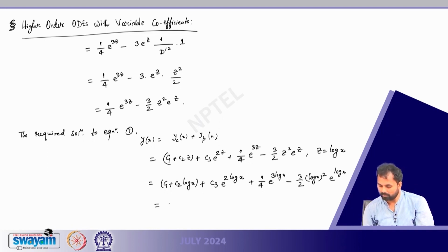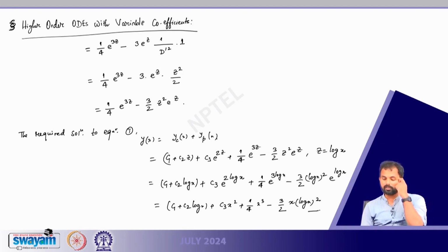So this will give c1 plus c2 log of x, then c3 x square plus 1 by 4 x cube minus 3 by 2 x (log of x) whole square, and this is the required general solution that we are looking for the equation number 1 that is given to us.